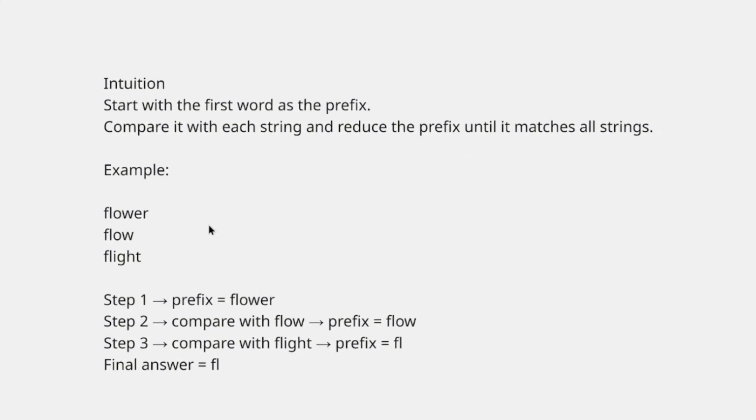So here is our intuition. At first we start with the first word as the prefix, compare it with each string, and reduce the prefix until it matches all the strings. Here is the example, which I have already told: flower, flow and flight. In step 1, we take the prefix as flower. So we just take the first string as the prefix and compare it with the other strings in the array.